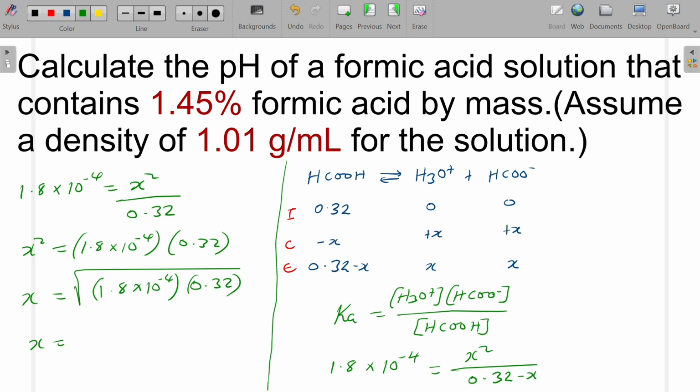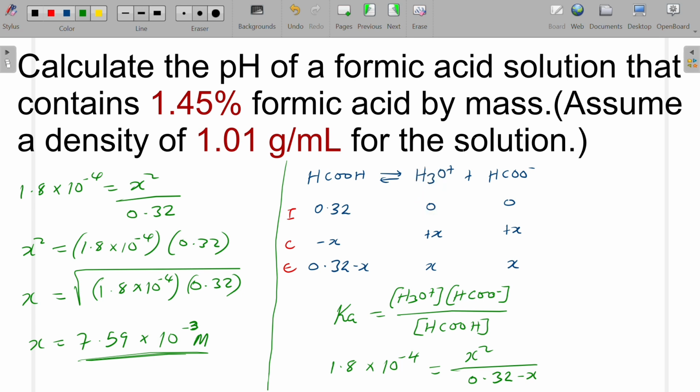And the value of X when we do our mathematics would be 7.59 times 10 to the power of minus 3 molar concentration.